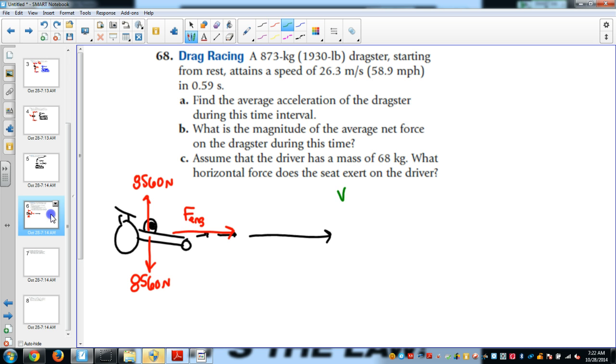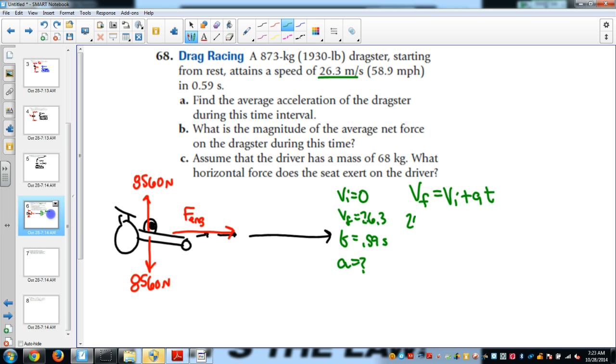So I know that its initial velocity is 0, that its final velocity is 26.3. I know that the time is 0.59 seconds, and I'm looking for the acceleration. So I could probably just use this equation right here.